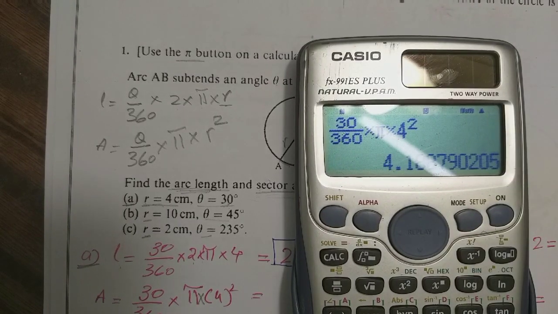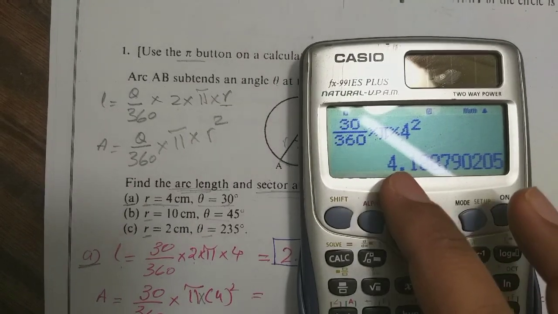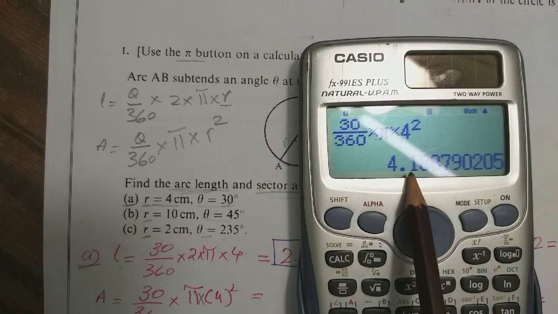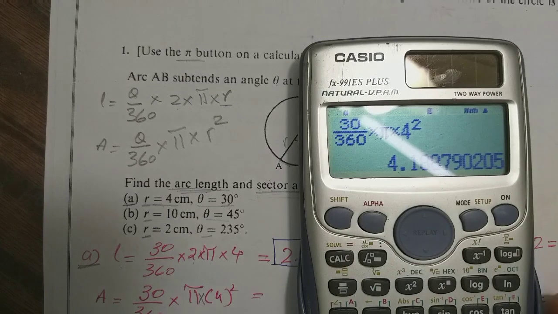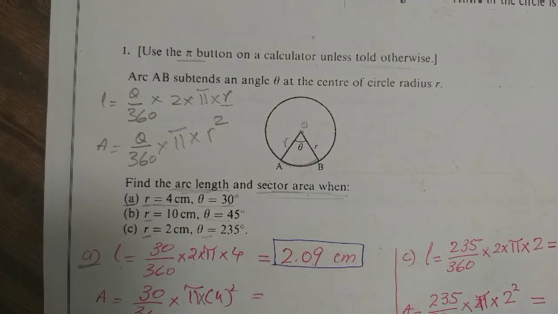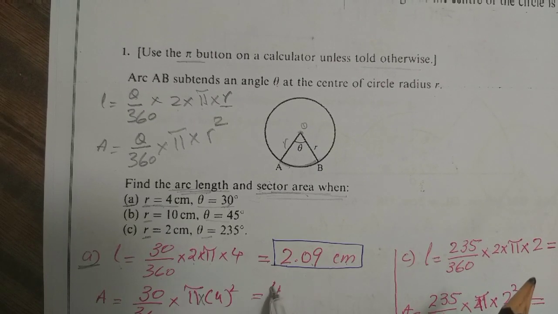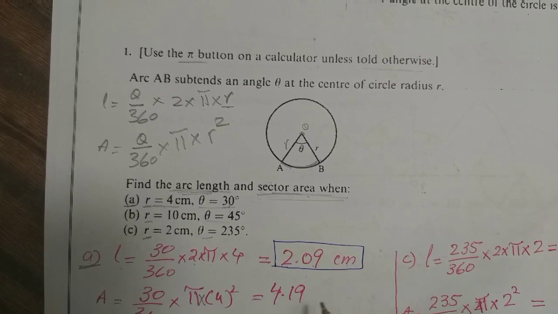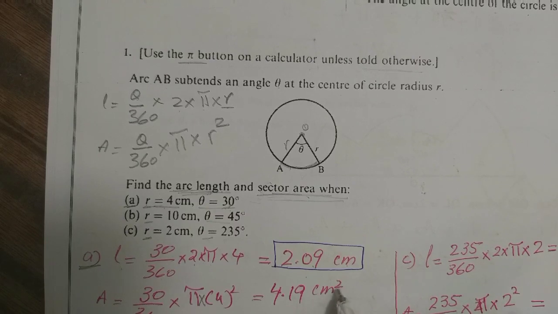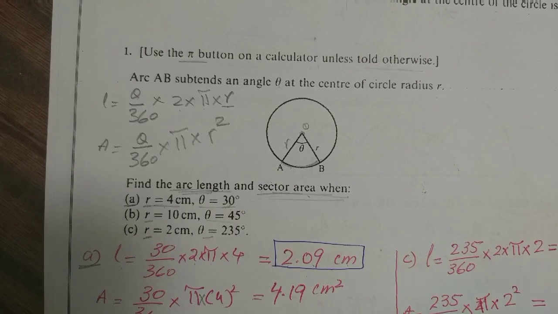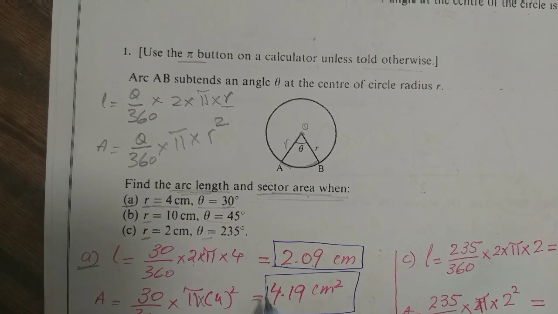Press the S-D button, 4.188. I'm writing 3 significant figures, so it becomes 4.19 centimeters squared. Okay, so this is the area.